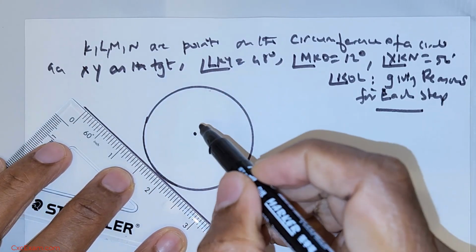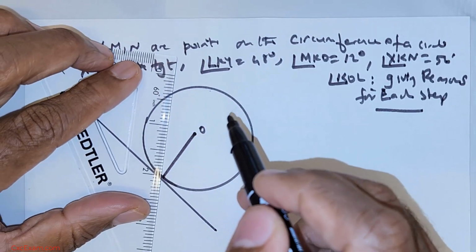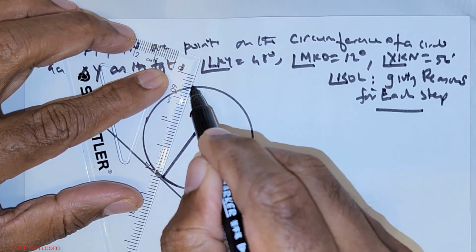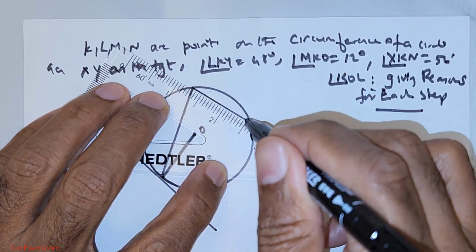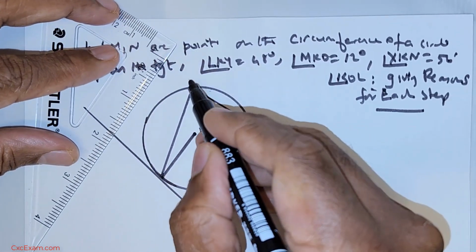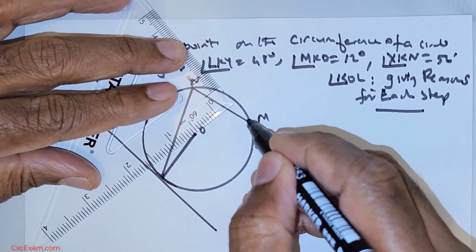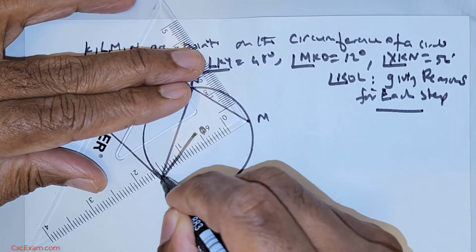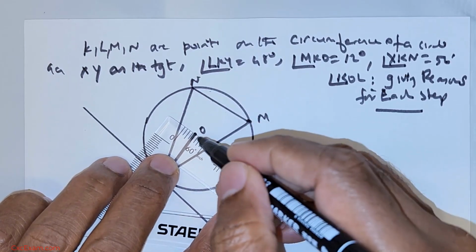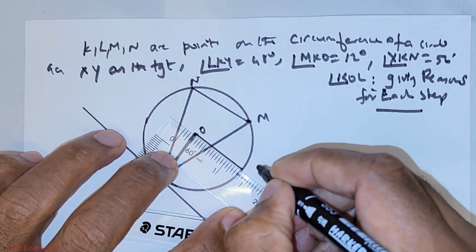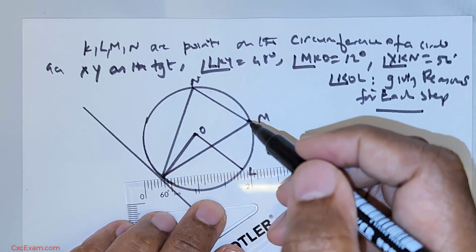So from the center there is a line, and from this point there is again another line, and there is a line over here, and this is N, this is M. From M there is a line again, and then from O there is a line, call it L. From L there is a line again.